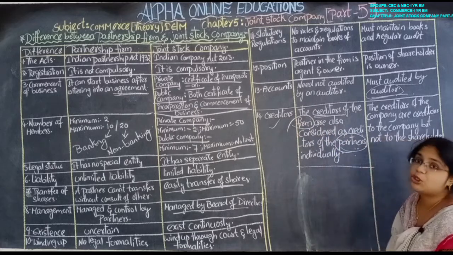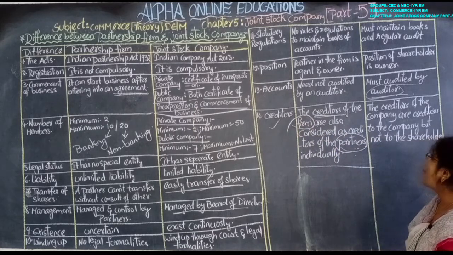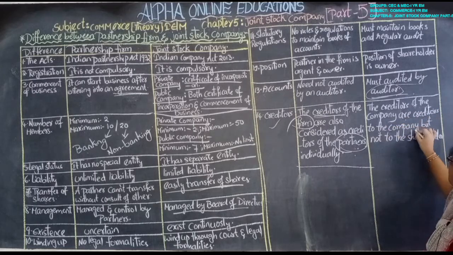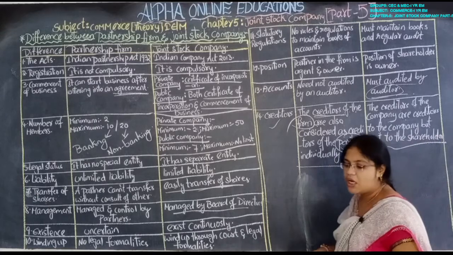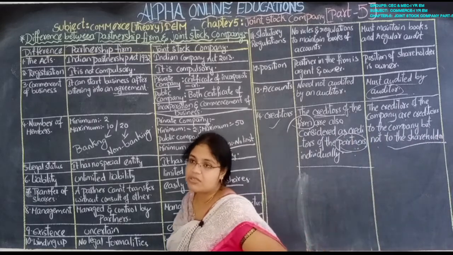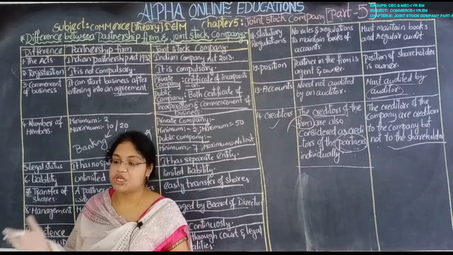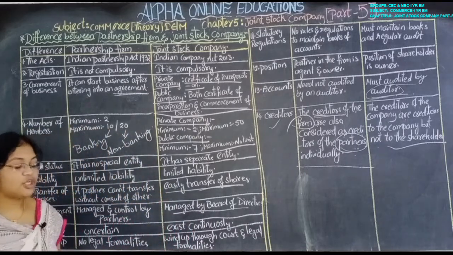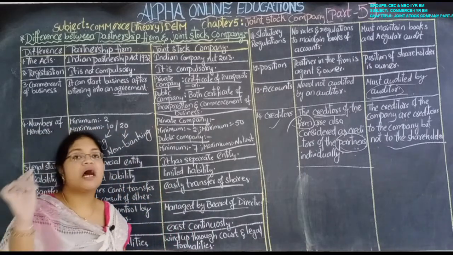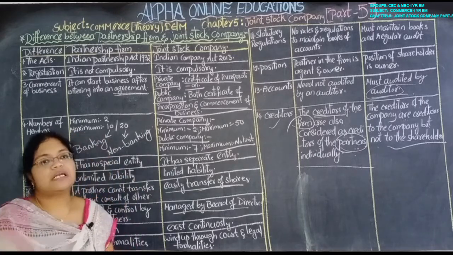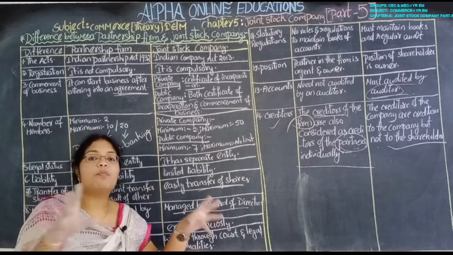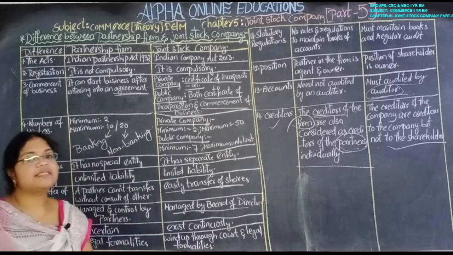Here, the creditor of the company is a creditor of the company, but not of the shareholder, because the shareholders are different and the creditors are different. So there is no connection between the shareholder and the creditor. But in the partnership firm, there is a link between the creditor and the partners, because it is formed due to the formation of a group of partners. So that's why there is a link.